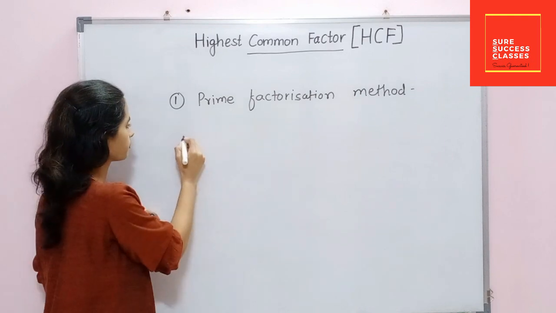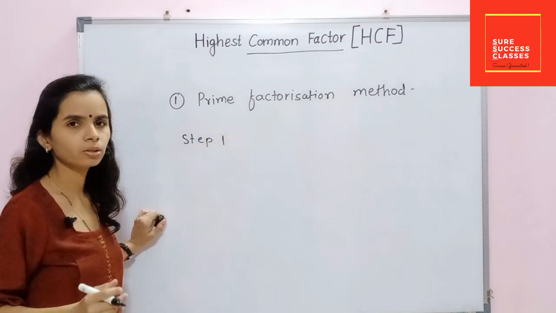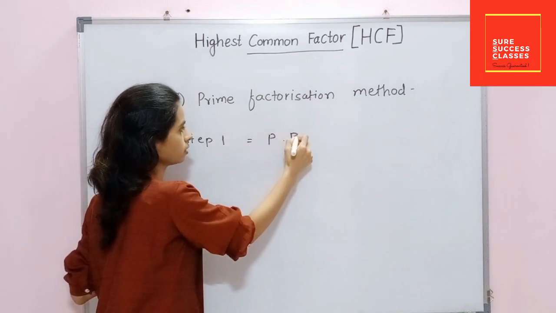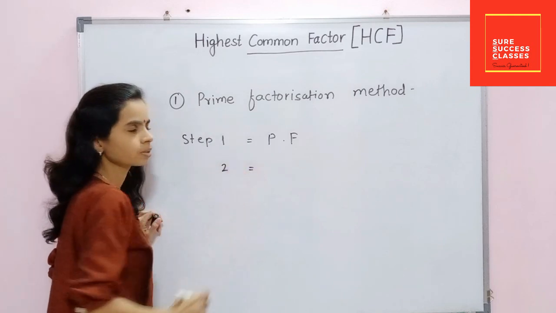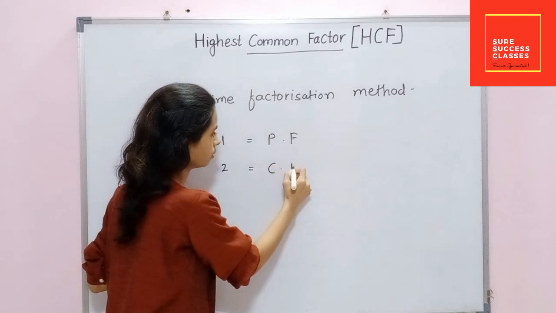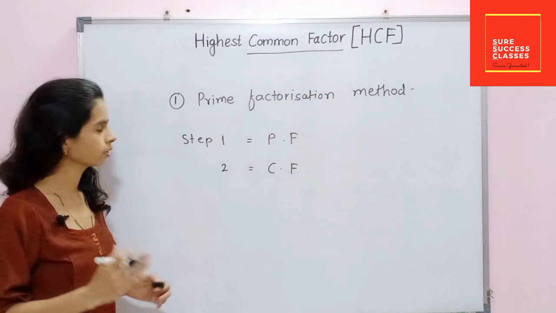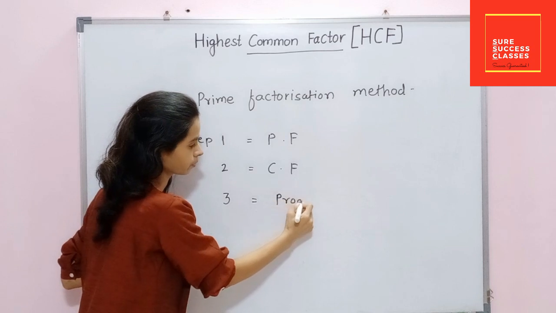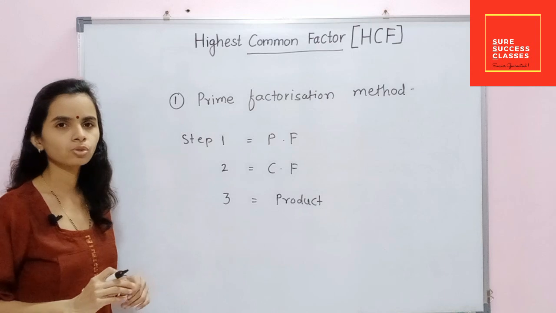In the first step, we have to find out the prime factors of the given numbers. In the second step, we have to find out the common factors between them. And in the third step, we have to find out the product of the common factors. If we go in this way, we can easily find out the highest common factor.